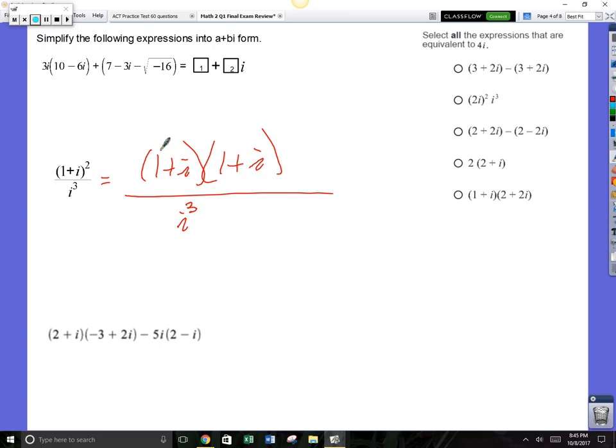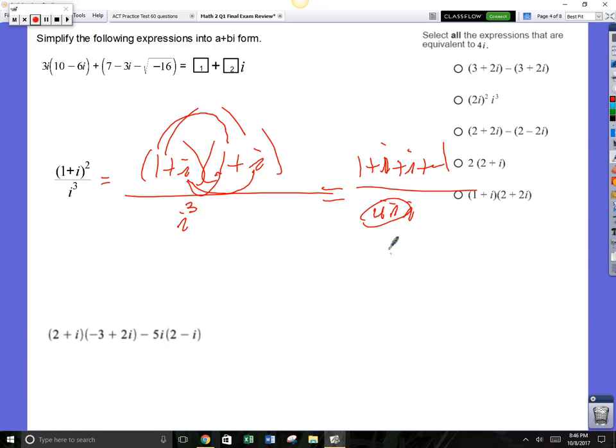Okay, so I'm going to start distributing. 1 times 1 is 1. 1 times i is i. i times 1 is another i. i times i is i squared, and that is a negative. And on bottom I got i cubed, so that's like negative i. Okay, now on top, my positive 1 and negative 1, that's gone.